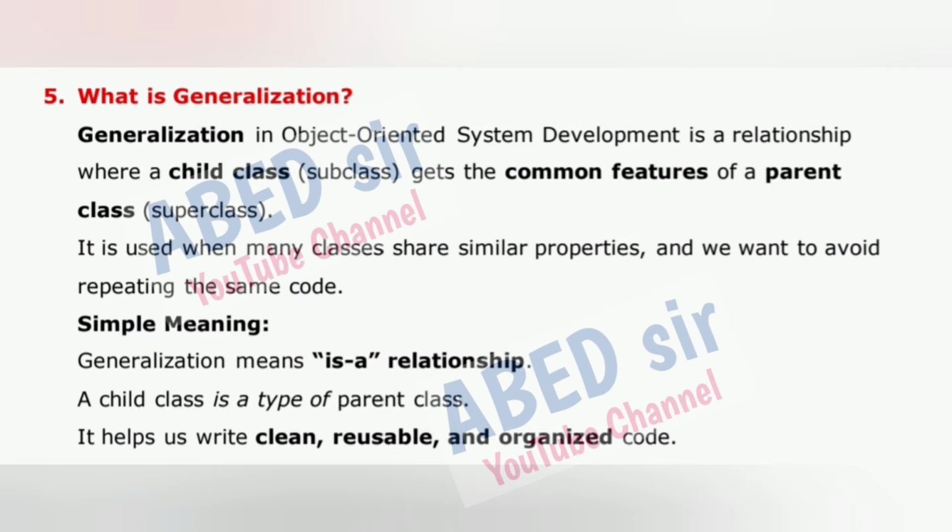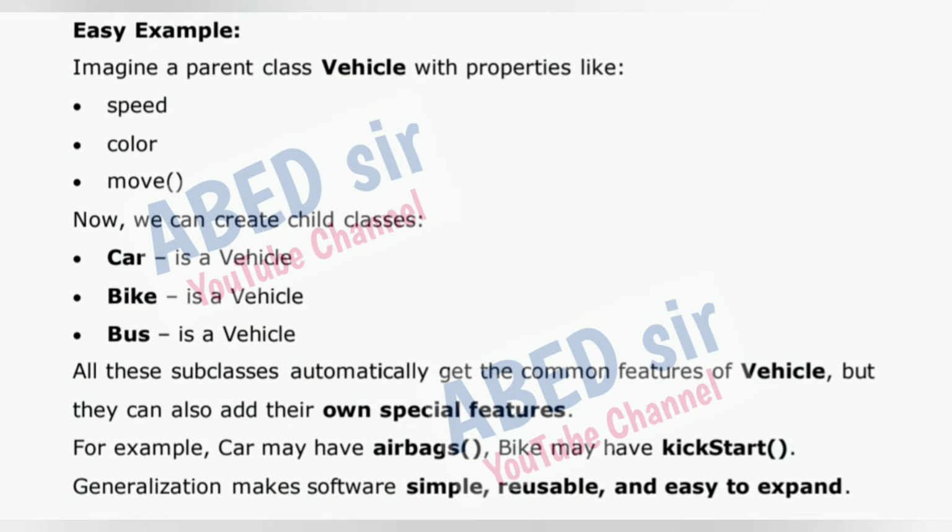Simple meaning: generalization means an is-a relationship. A child class is a type of parent class. It helps us write clean, reusable, and organized code. Easy example: imagine a parent class Vehicle with properties like speed, color, move.